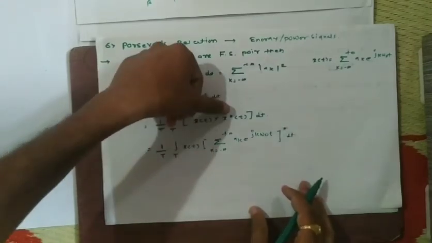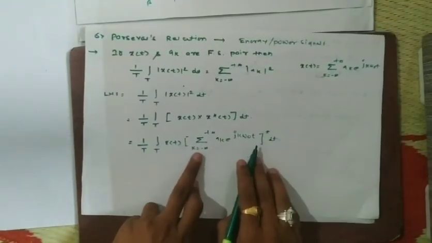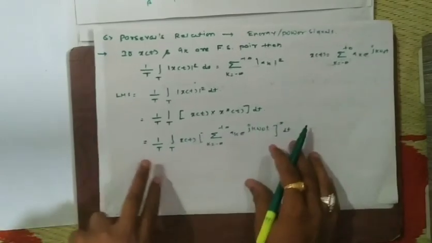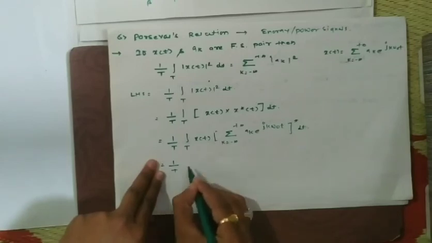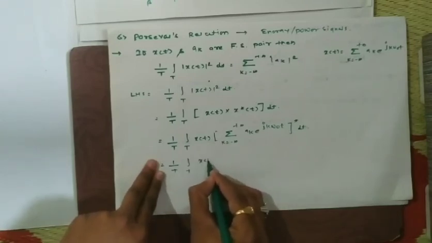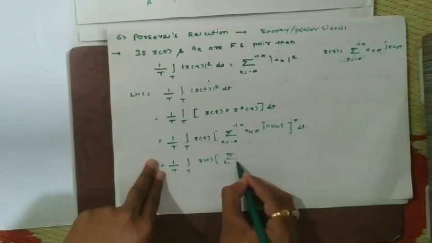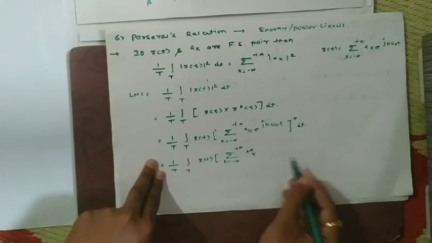Remember, this is x complex of t, this is an entire term, so its formula will be written as this complex conjugate. Now I will apply this complex sign to the entire term, so that this holds 1 by T integral of x of t summation a complex of k.